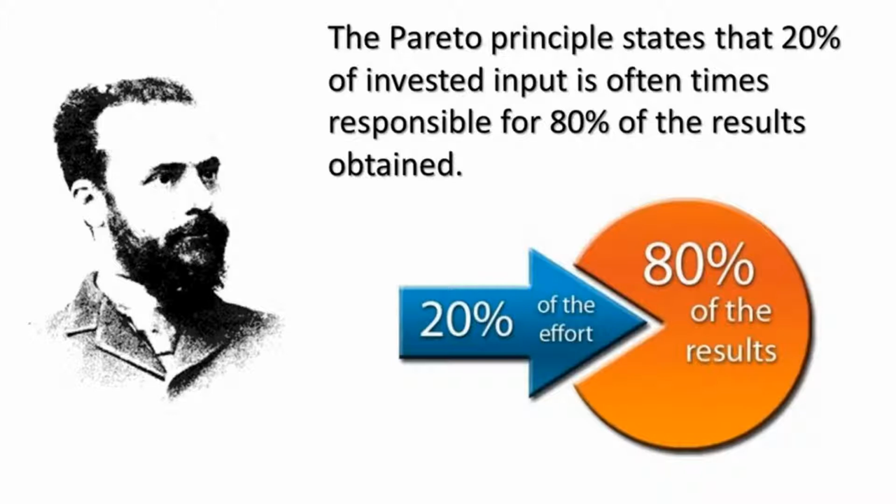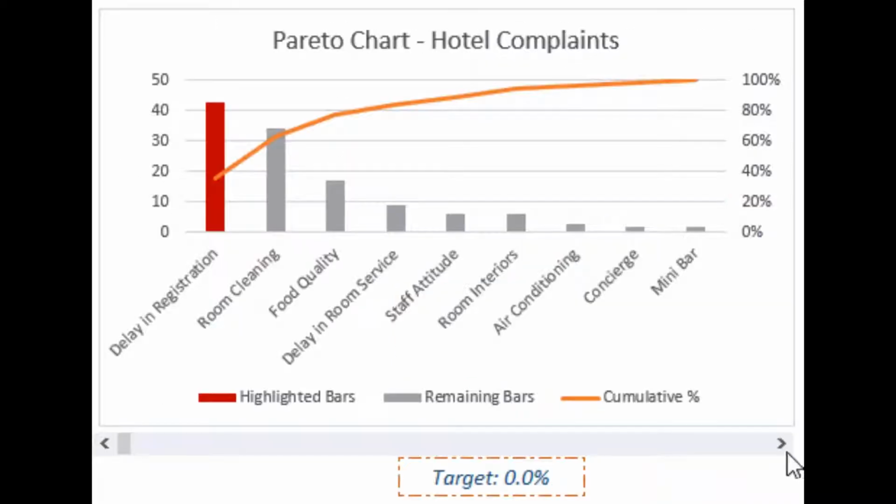It states that a small percentage of a group will usually have the largest impact. In other words, the 80-20 rule, as it's sometimes referred to, suggests that most effects come from relatively few causes. The general assumption is that 80% of the effects come from about 20% of the possible causes.